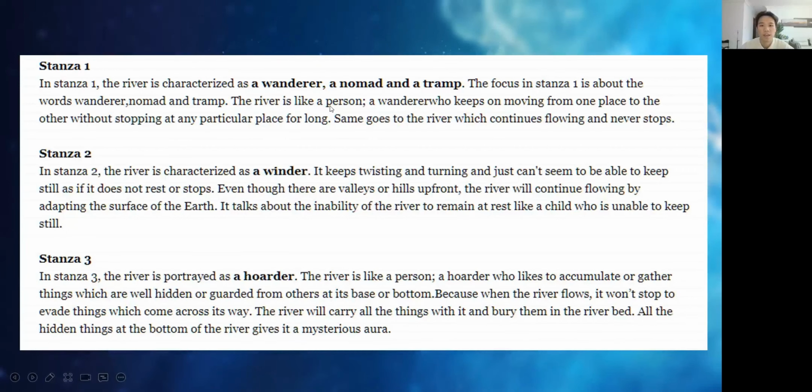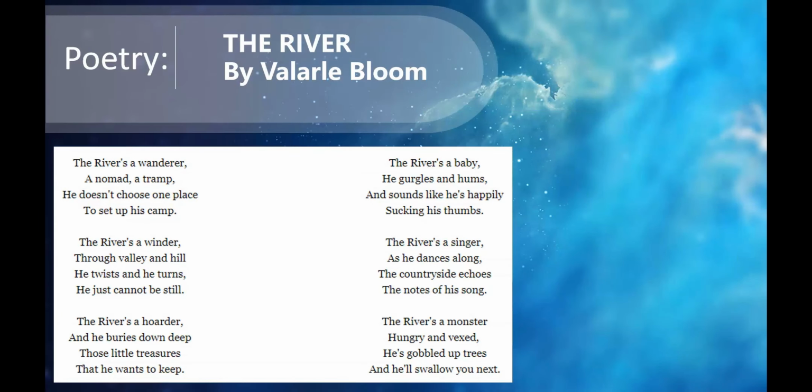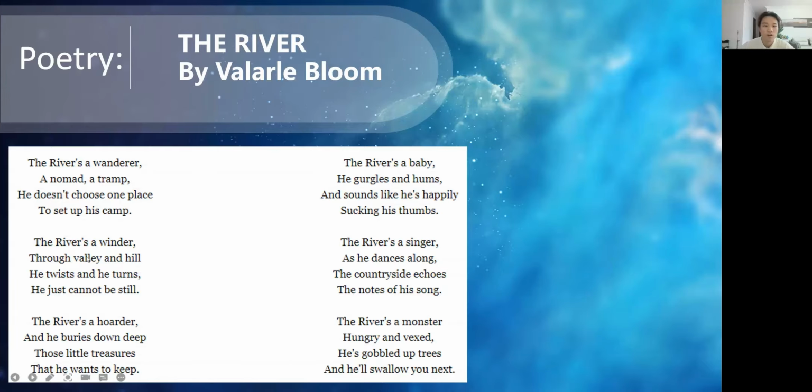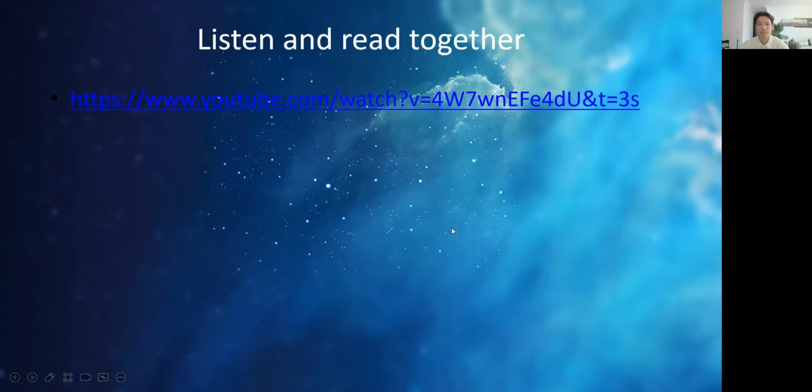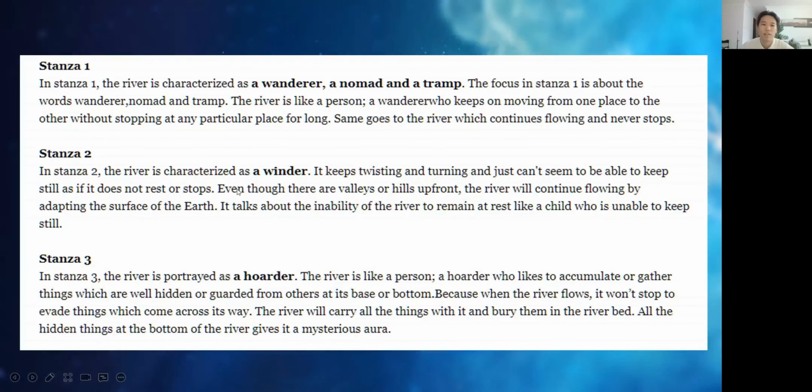The river's personality is to never stop and never rest. Even though there are valleys or hills up front, the river will continue flowing, adapting to the surface of the earth. It talks about the inability of the river to remain at rest, like a child who is unable to keep still.